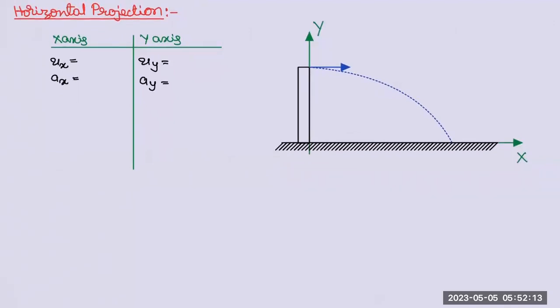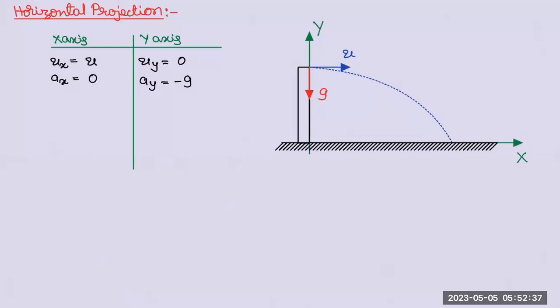Not able to, no problem. Now, Ux is u. Uy is 0. Ax is 0. Ay is minus g. Sir, minus 10? No. When I'm using a variable, I use the variable. We need to take downward g also, right? g. Good.